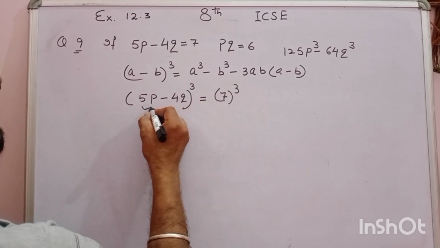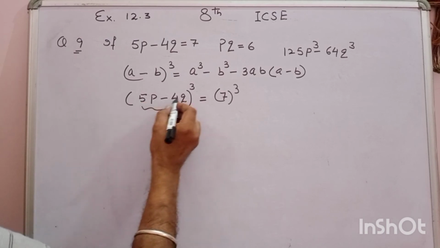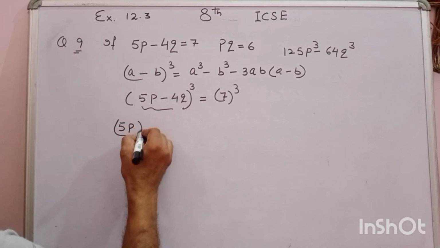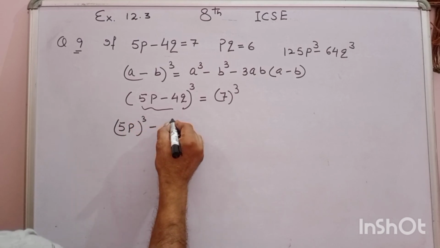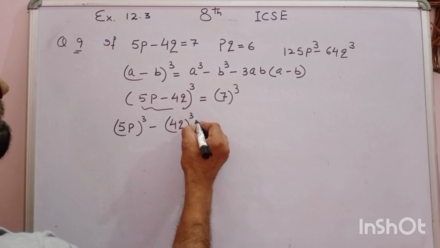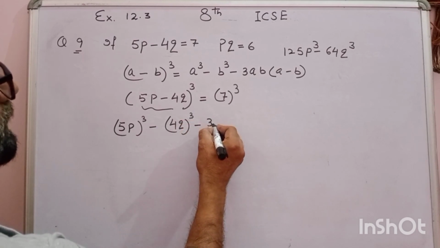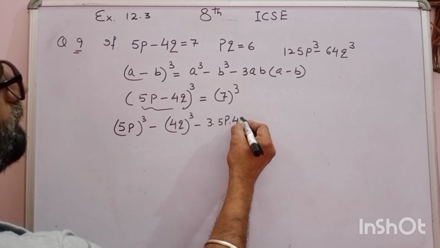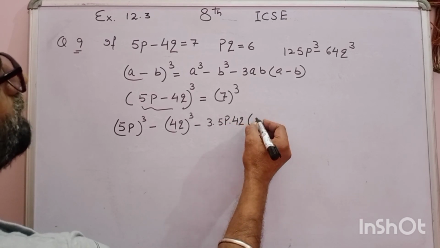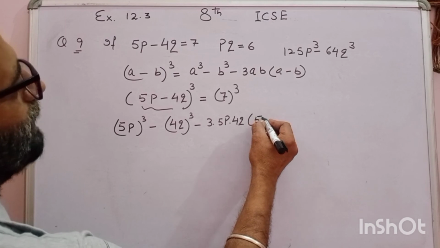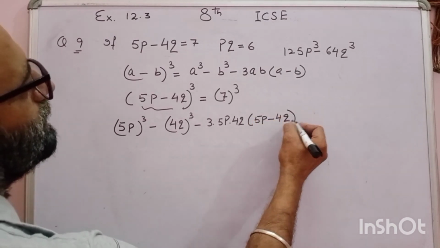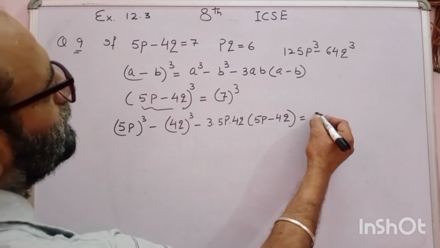So we will expand it. a³, that is (5p)³, minus b³, that is (4q)³, minus 3ab, minus 3 into 5p into 4q into (a − b), that is (5p − 4q), is equal to 7 cubed, that is 343.